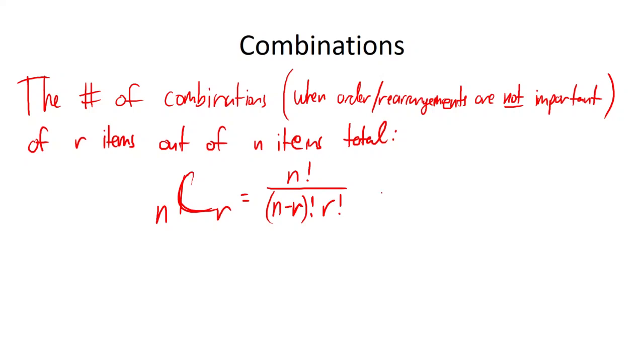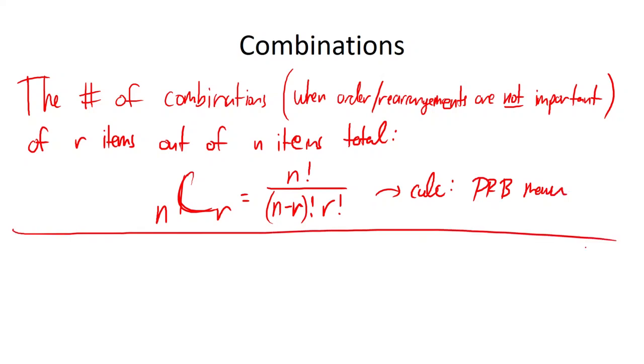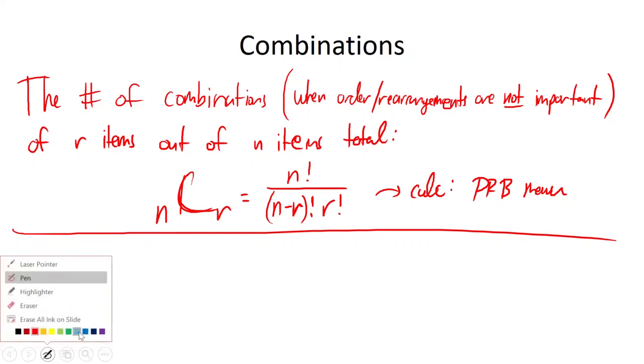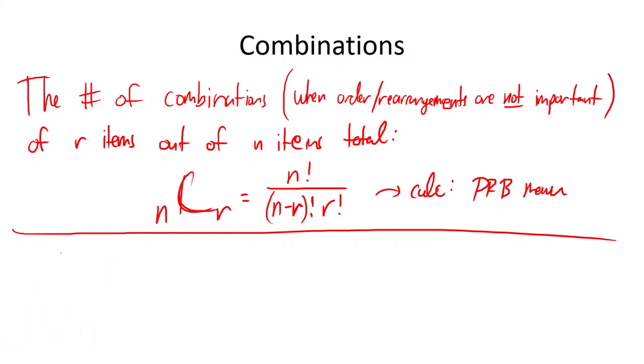Okay, but in your calculator, it's in your PRB menu, just like the NPR was in there as well. So if you look at the example that we just did, where it was 16 students, that's our N, and we were going to sample 3.